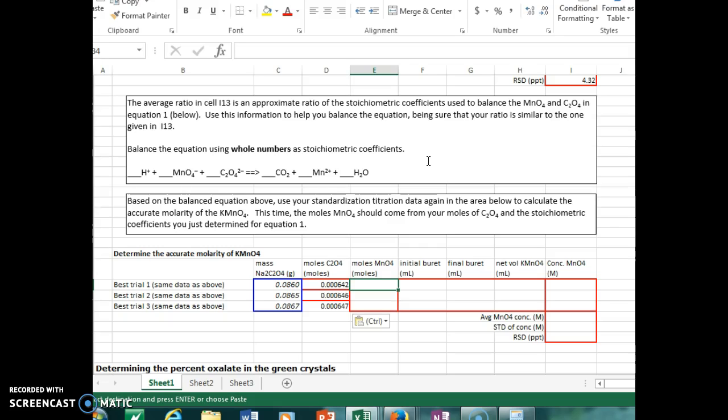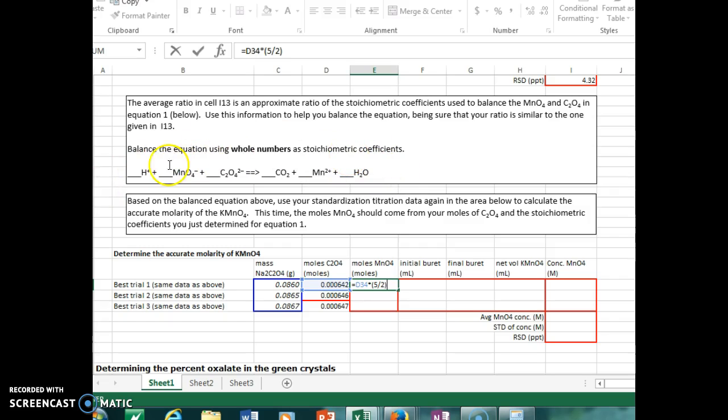So you're going to do equals your moles of oxalate, and then you're literally just going to put times 5/2 because those are the stoichiometric coefficients that will be up here.